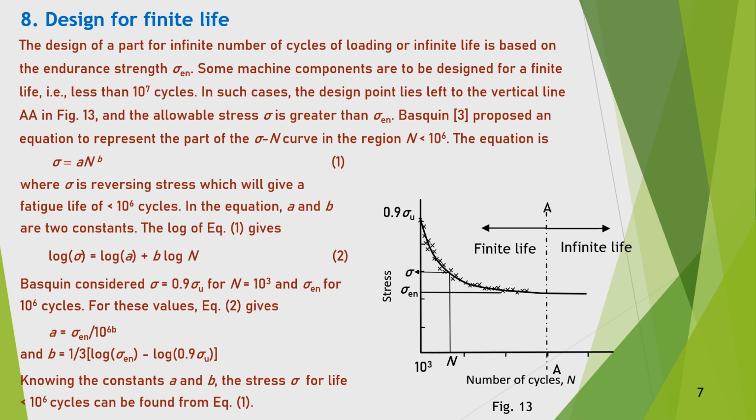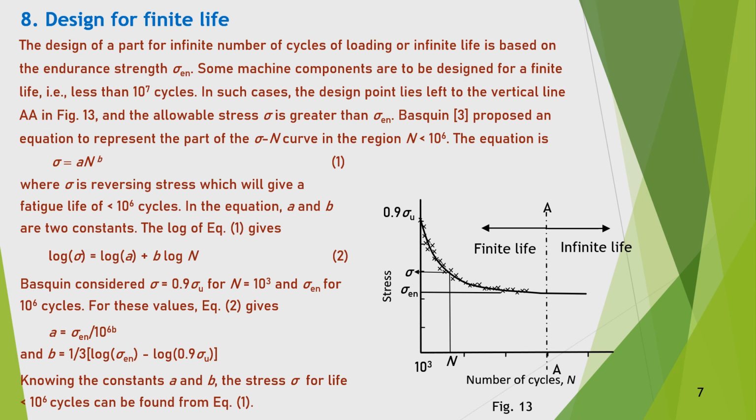The log of equation 1 gives log sigma is equal to log a plus b log N. Basquin considered sigma is equal to 0.9 sigma u for 10^3 cycles and sigma en for 10^6 cycles.